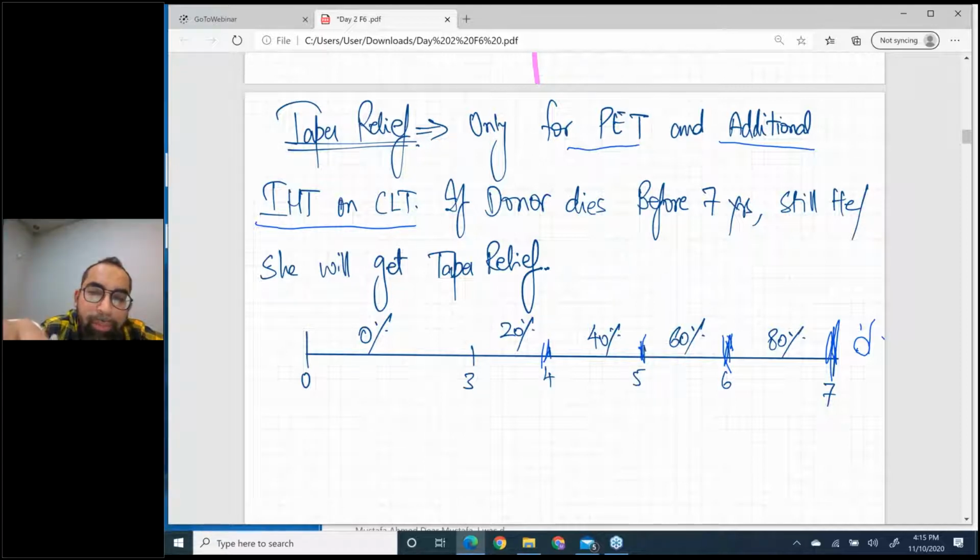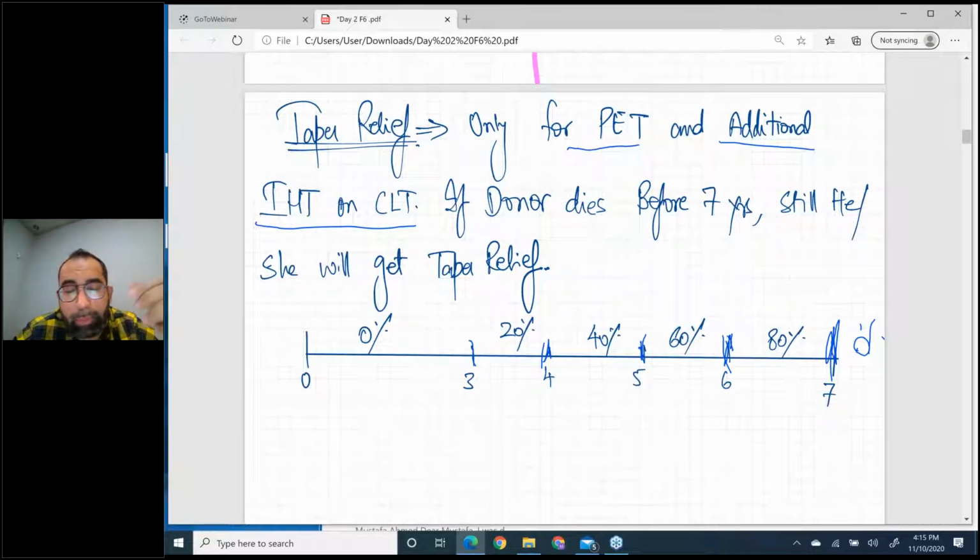After 4 and before 5, 40%, after 3 and before 4 it's 20%, and if you die before 3 years, then you died very early, and you are not eligible for any taper relief.